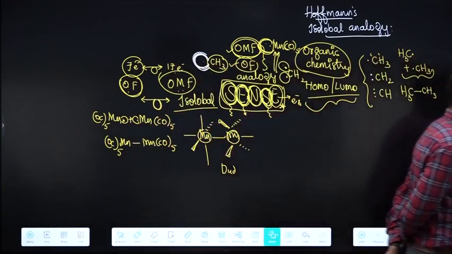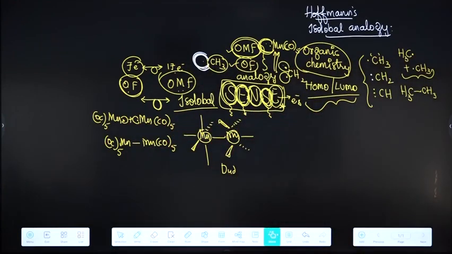Next, the frontier orbitals means HOMO and LUMO.